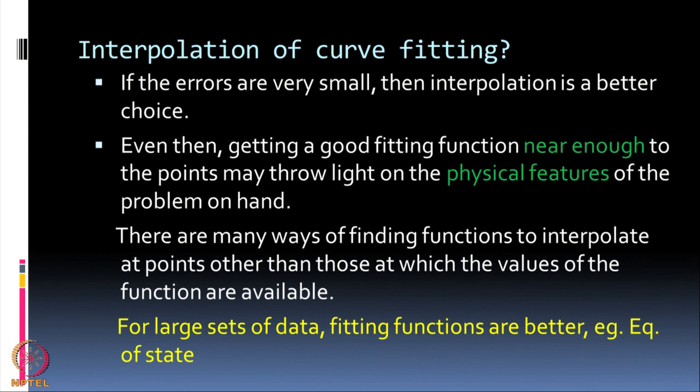You have measured pressure at different volumes of the system. You have hundreds of data for pressure, hundreds of data for volume. So, an interpolating function would be a very, very complicated function. Instead of that, if I just have a polynomial function like PV equals nRT plus BP plus CP square, you have all seen these virial equations of state. They are either quadratic, cubic or quartic equations.